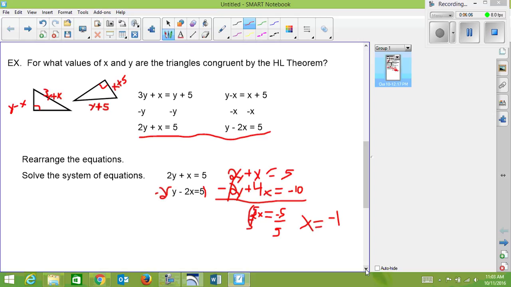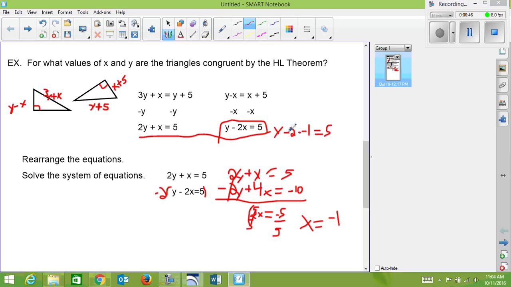That still doesn't give me the answer, though. I need to plug that negative 1 in to get my y. So I have my x, and I'm going to plug it into one of my original equations, this one, y minus 2x equals 5. So y minus 2 times negative 1, plugging that in for the x, equals 5.